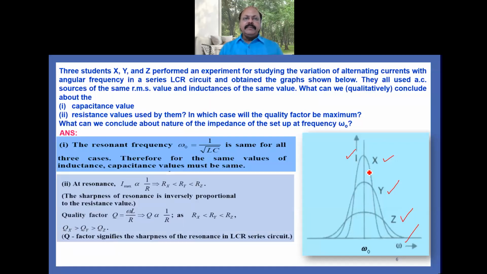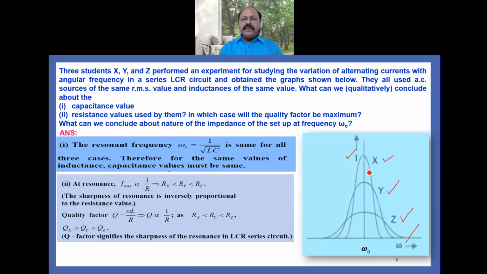Now the second part, the resistance value used by them, and in which case the quality factor is maximum. So at resonance, as already discussed, the current is maximum, and that maximum current is inversely proportional to the resistance. And you can see in the diagram, in the case of student X, current is maximum, therefore the resistance should be minimum. So that's why Rx less than Ry less than Rz.